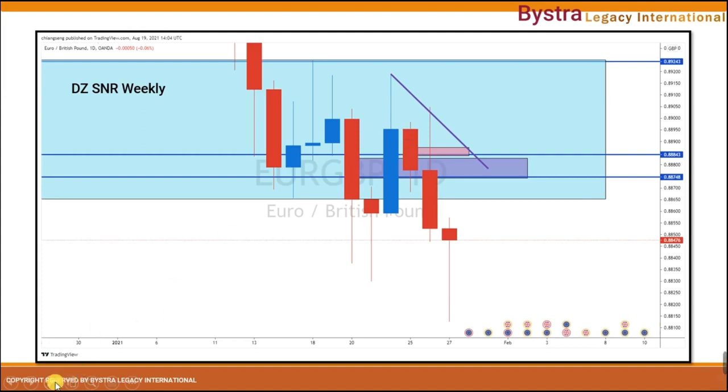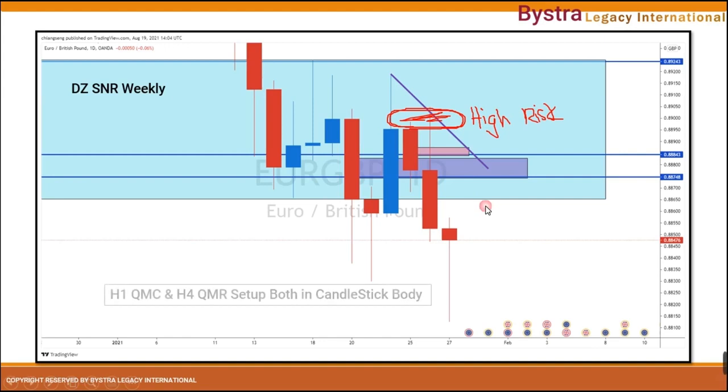If the setup is here, in this area here, then it will be considered high risk. Okay, so we do not want those setups to be at the wick. This area is considered high risk. Okay, remember, guys, both setups have to be at the candlestick body. So it met the SOP.